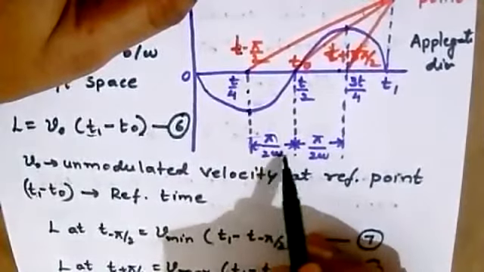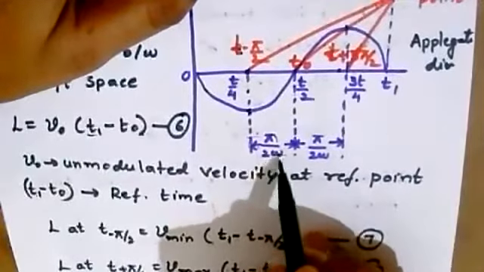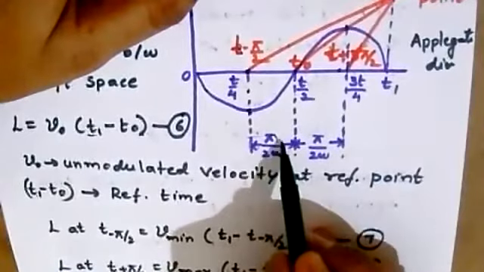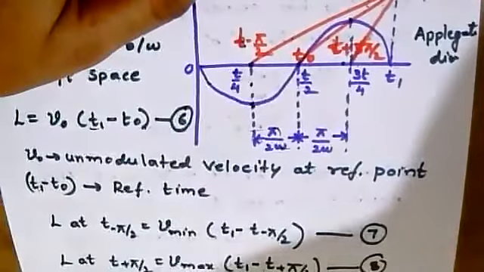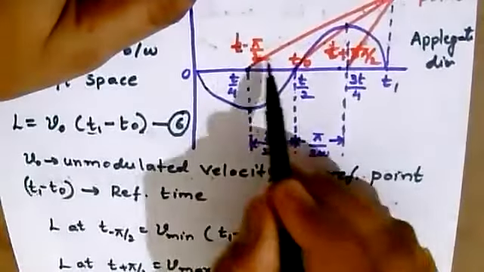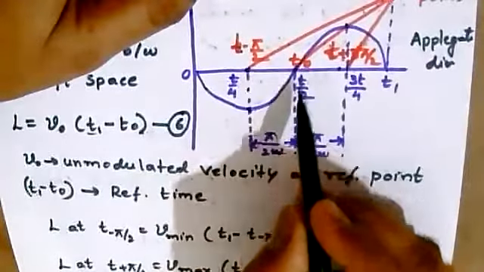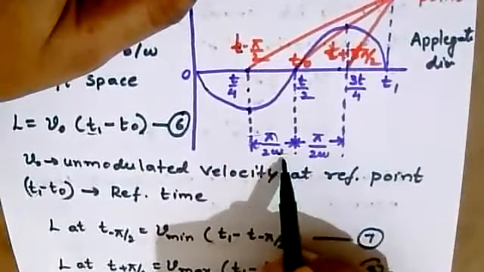Omega is nothing but 2 pi f, and 1 by f is the time period, so indirectly it is also a time period here. So t minus pi by 2 can be written as t naught minus pi by 2 omega.